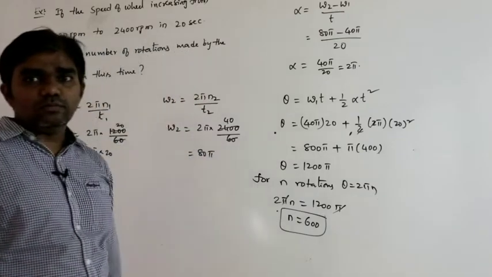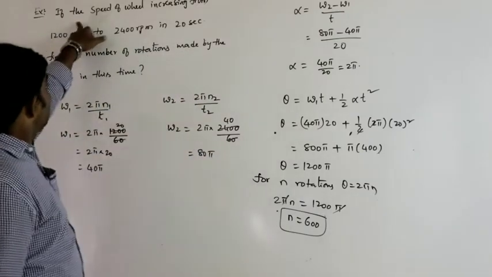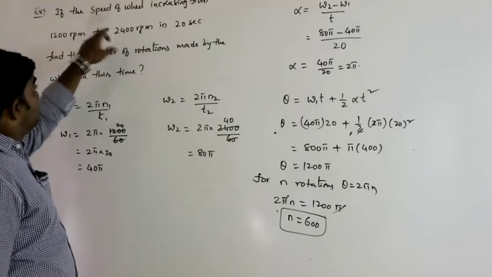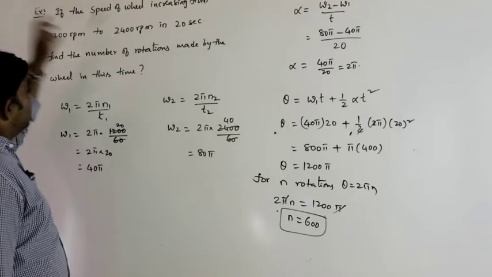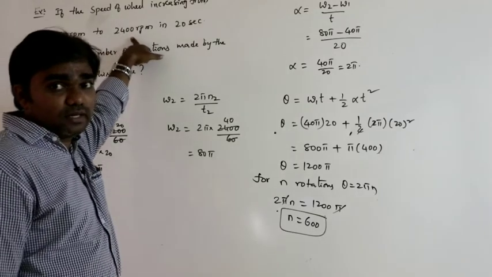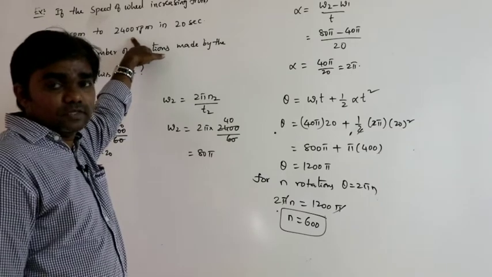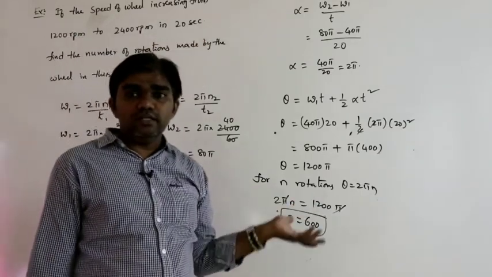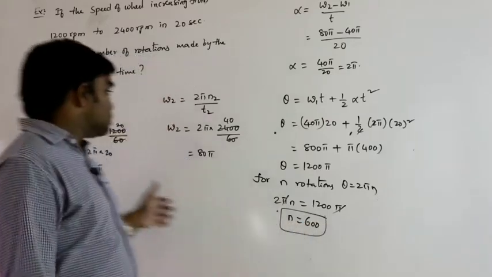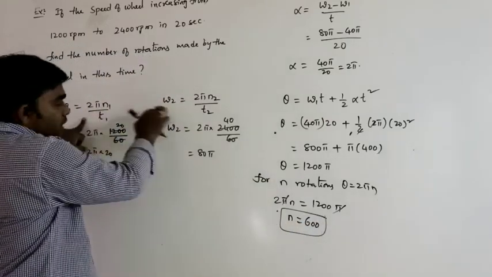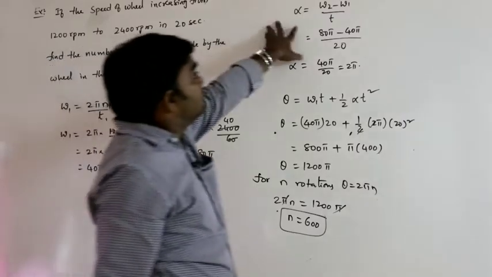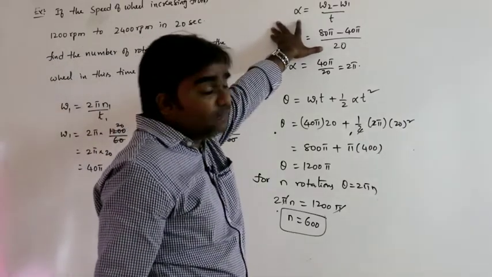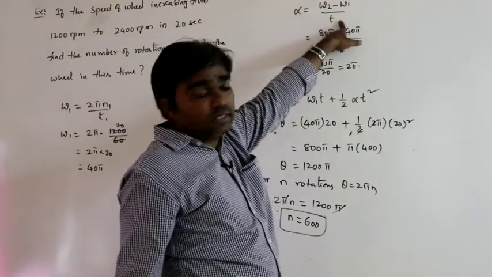So this is the way to do the problem. If the speed of the wheel increases from 1200 rpm to 2400 rpm in 20 seconds, how many rotations are made by the wheel in this time? It is 600. First, what are we doing? We are calculating omega 1 and omega 2. Based on that, we are calculating the value of alpha, omega 2 minus omega 1 by t.